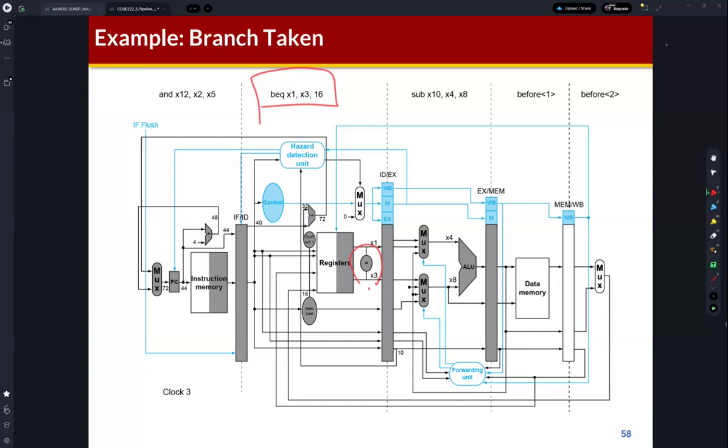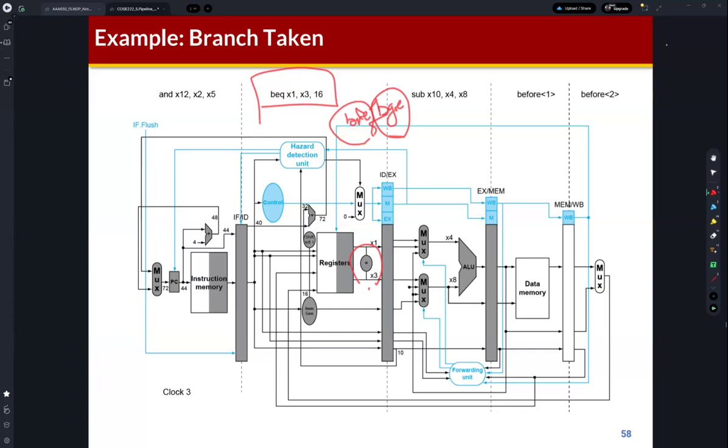Actually, for other branch instructions such as BLT or BGE, we cannot use this solution, right? In order to get the result of BLT and BGE, we need to perform subtraction, because we compare the magnitude of two numbers.